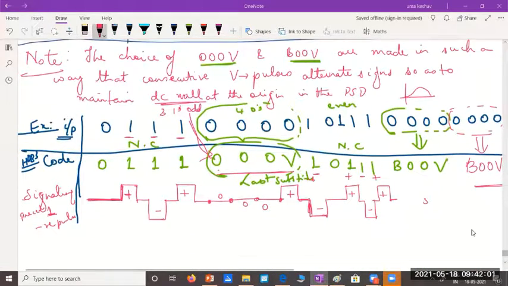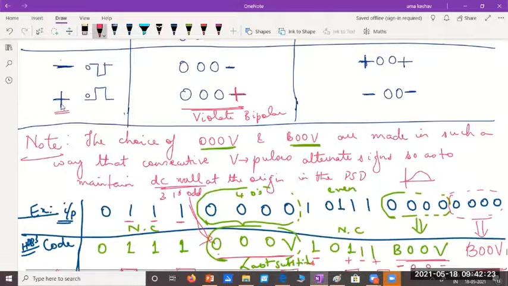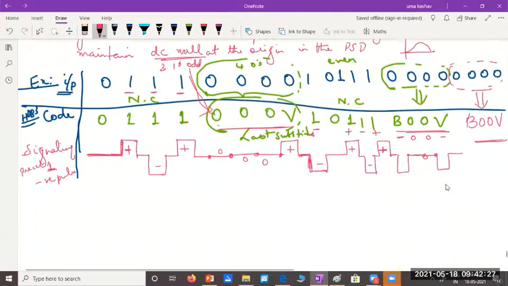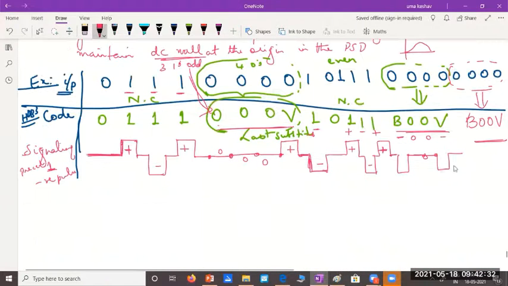So let's see here. What is the preceding pulse? The preceding pulse is positive. So I should represent this B0, 0V with minus 0, 0, minus. See, if the preceding pulse was positive, you replace it with minus 0, 0, minus. And if the preceding pulse was negative, replace it with plus 0, 0, plus.